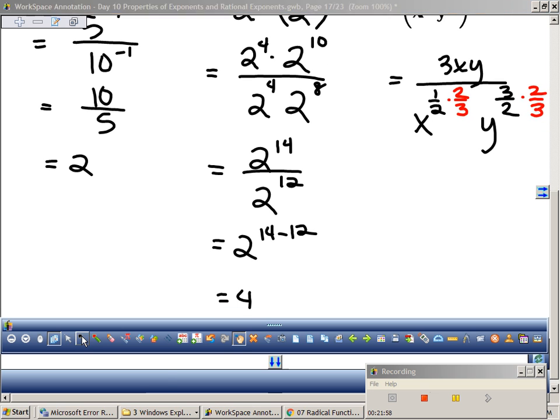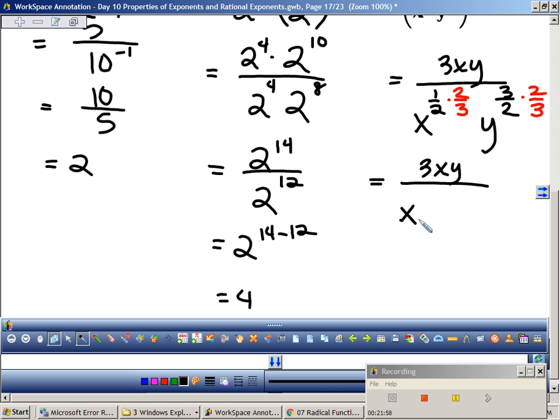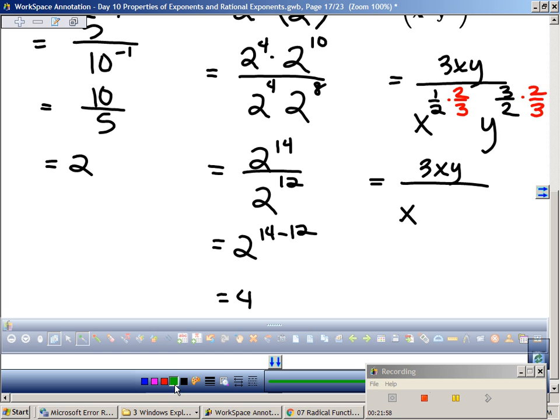Okay, so now we go from that to 3 over xy over x. The 2's are going to cancel here. The 2's are going to cancel here. 3's are going to cancel here. That was nice. Now we're left with 1/3 here and just the y. Then the y cancels. What can I do with the x's?